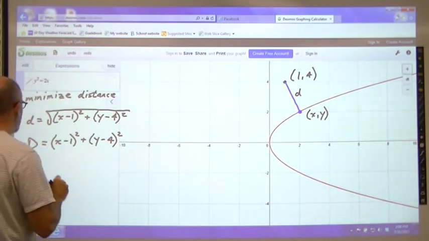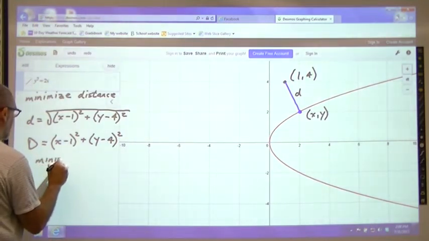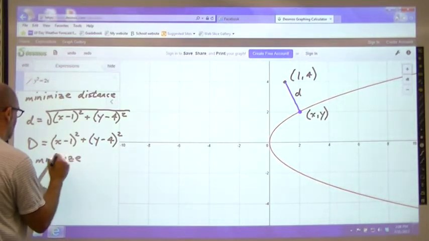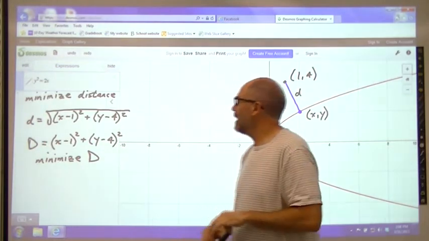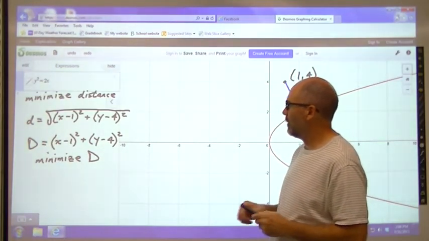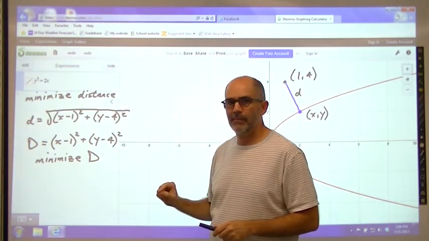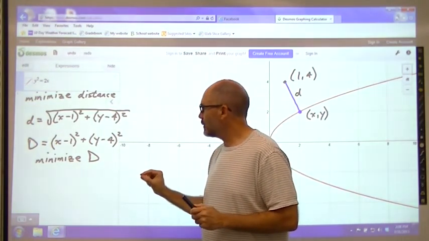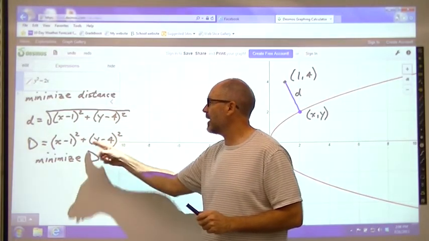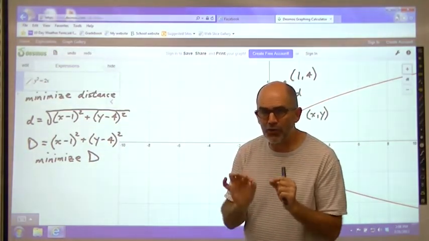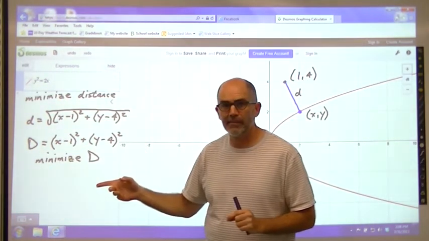Now what I actually want to do is minimize capital D. Let's get the logic here. I could minimize the distance, but instead I want to just take what's under the radical and minimize that, because if I minimize what's under the radical, then I'm actually minimizing the distance.